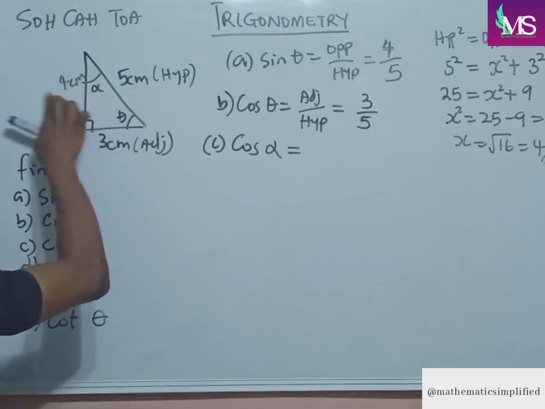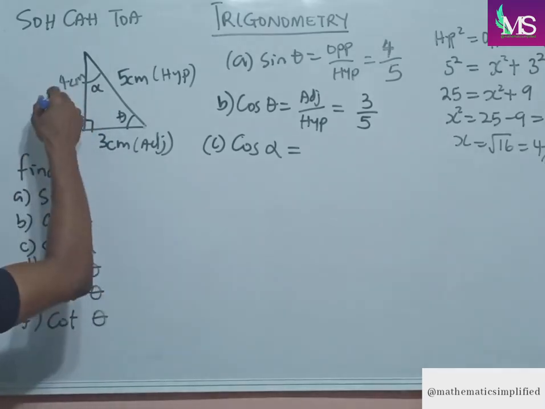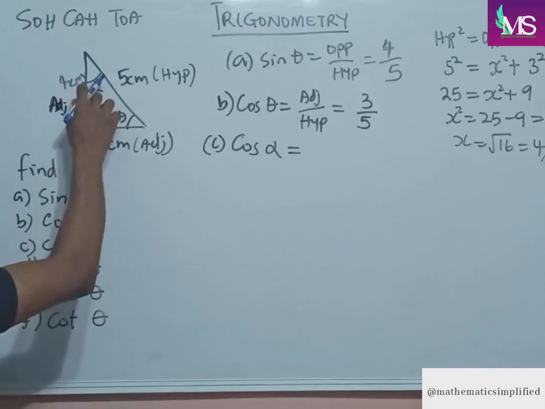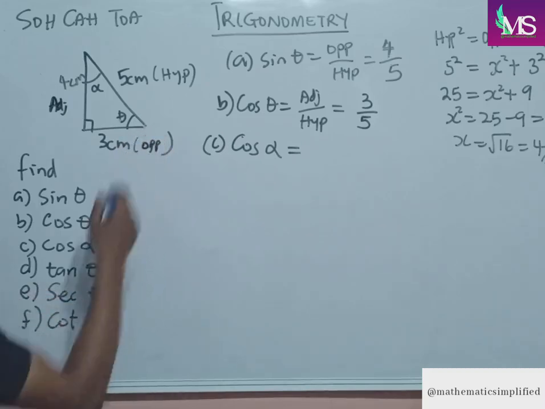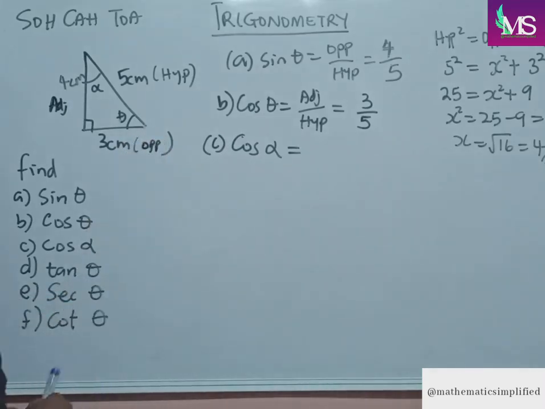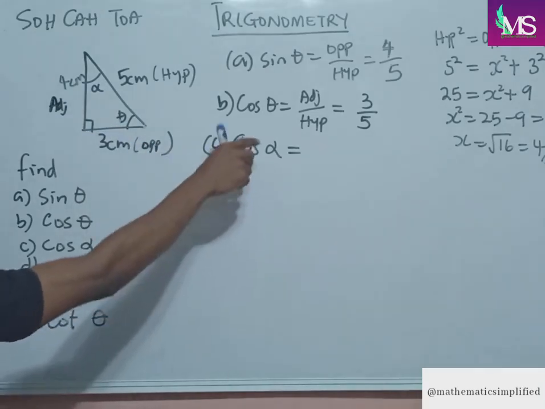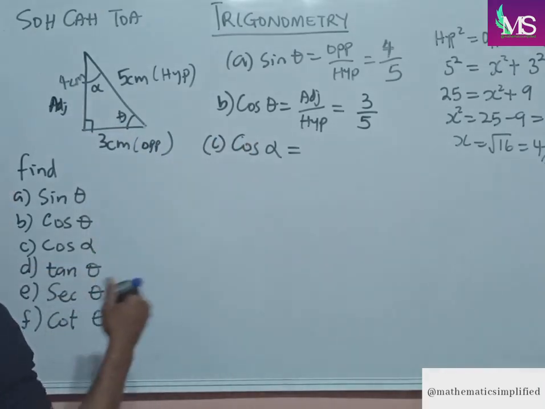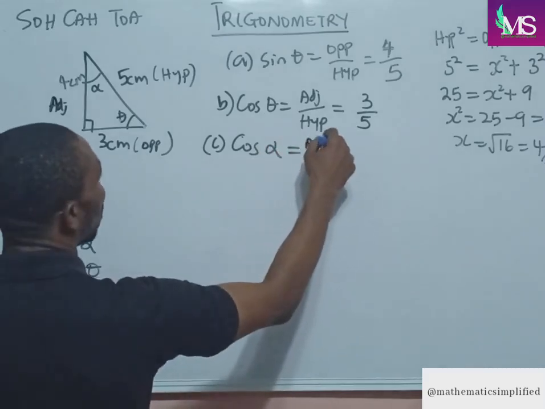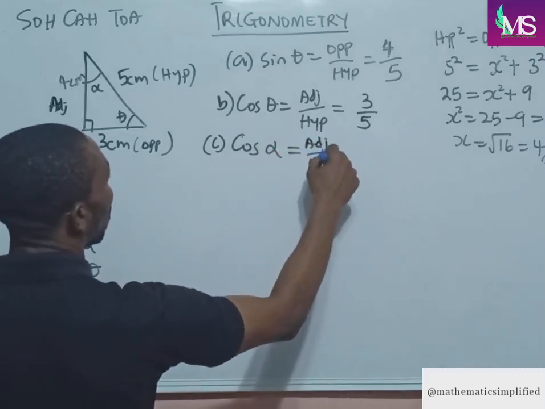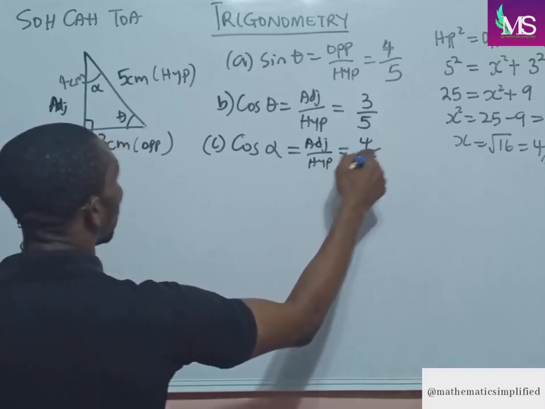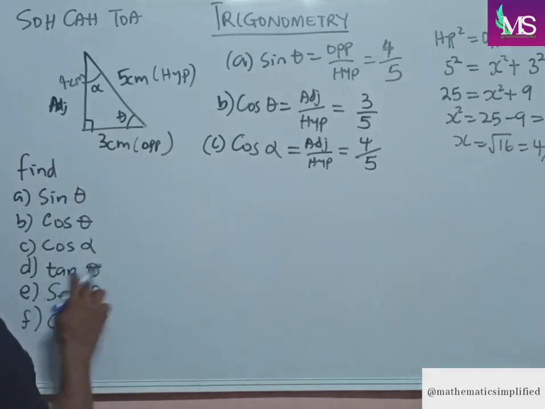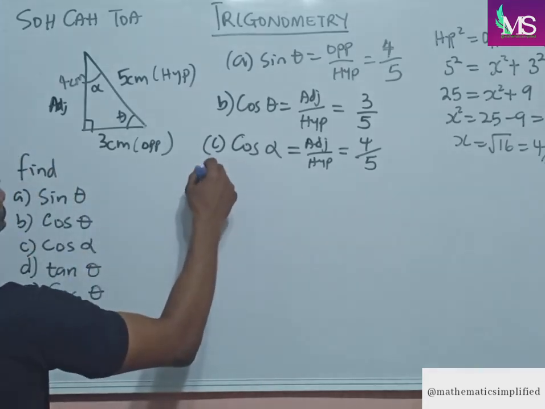So here will become our adjacent, considering alpha, and here will become our opposite. So considering alpha, adjacent over hypotenuse will give us adjacent is 4, our hypotenuse is still 5. Now the next one says tan theta.